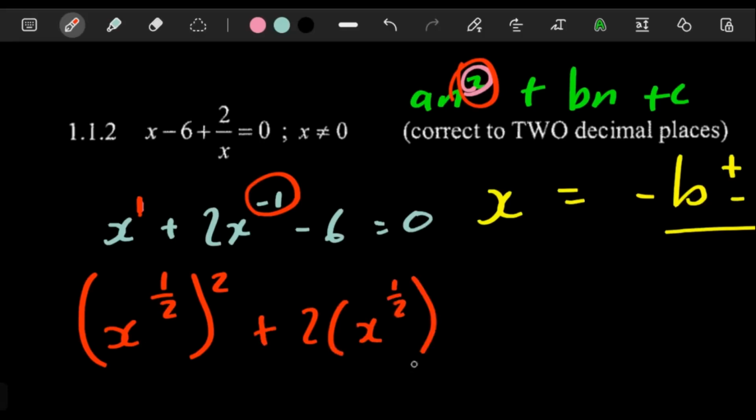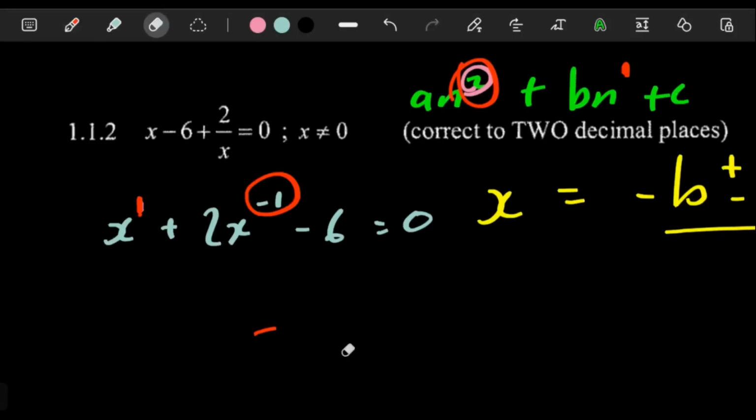But the only way we would get a negative 1 here is if there's a number which multiplied by 1 can give you a negative 1, and there's nothing. So wanting to write this in a format like this for you to then use the quadratic formula doesn't seem like it's working.